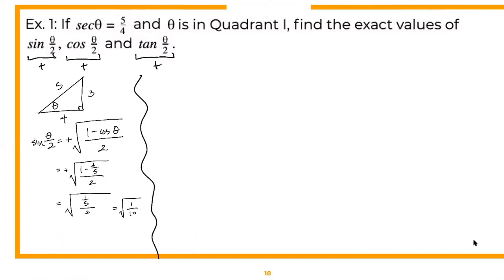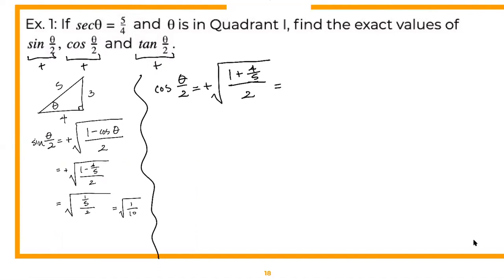Okay, we're going to do the same thing for cosine. Positive, because we already decided the half angles in quadrant 1. 1 plus 4/5 over 2. I have a question for the first.